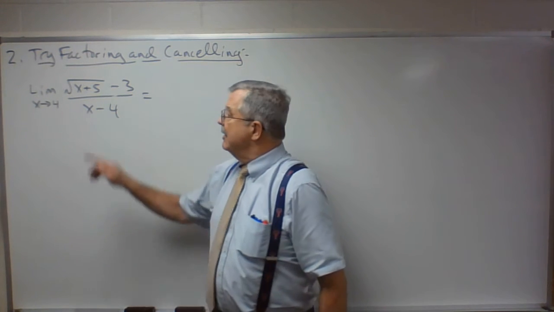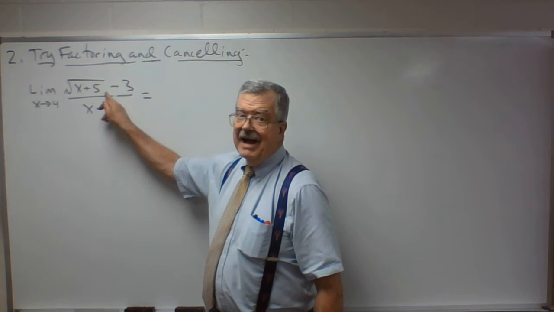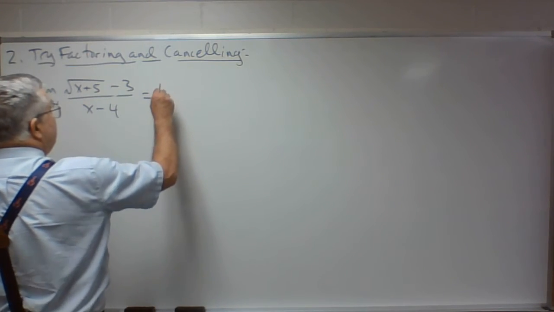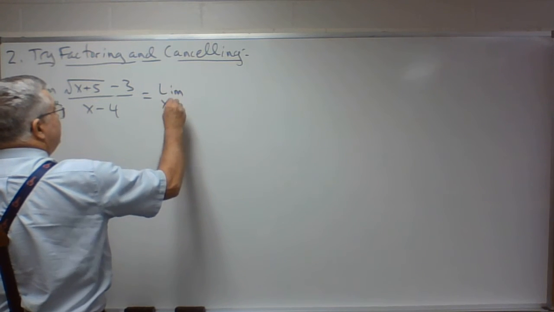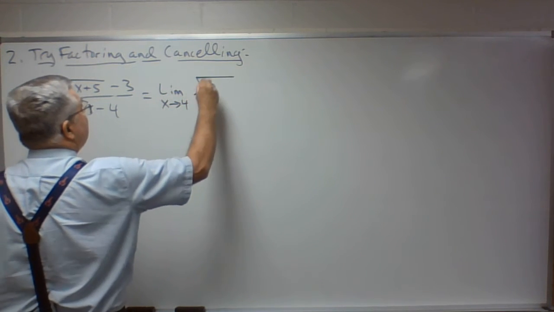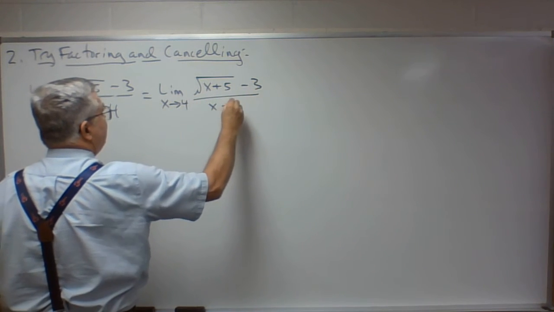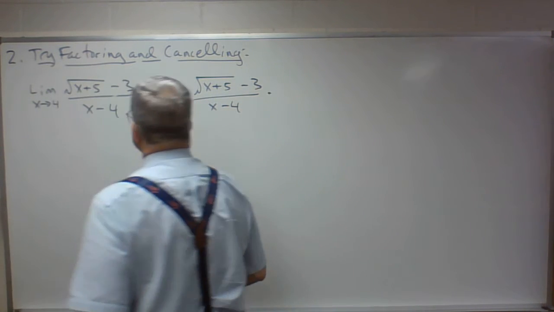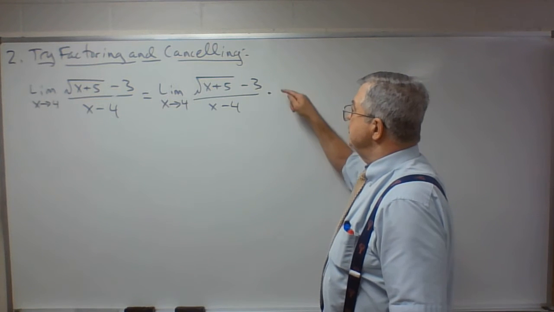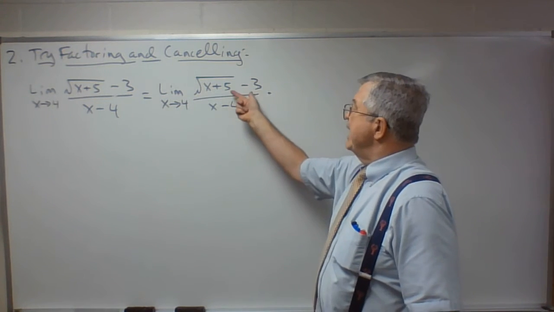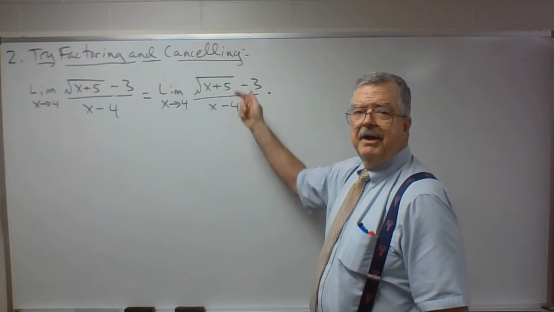So this radical's got to go, and here's how we do it. We take this expression, and we take top and bottom and multiply it by the radical conjugate of this pair.